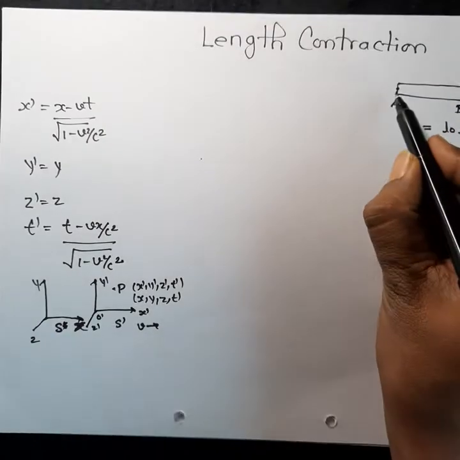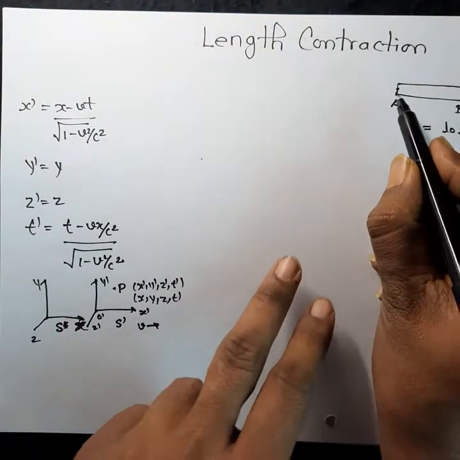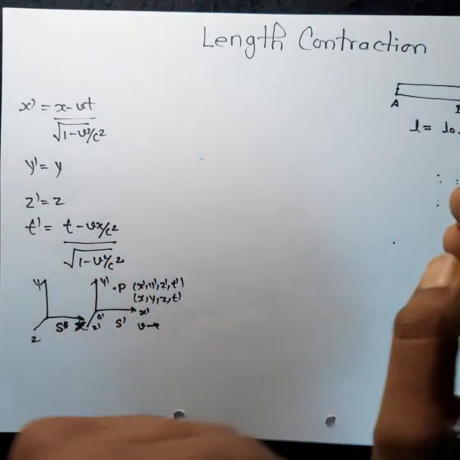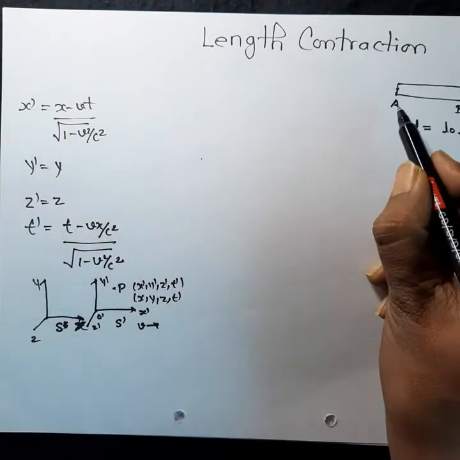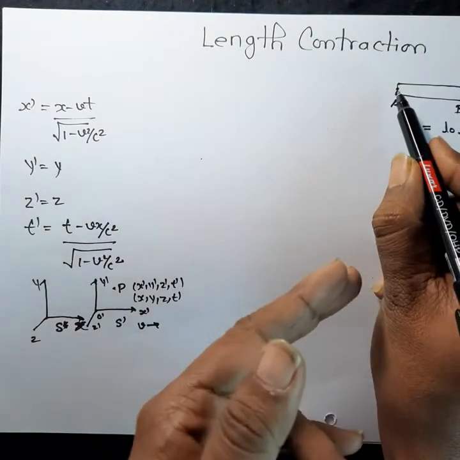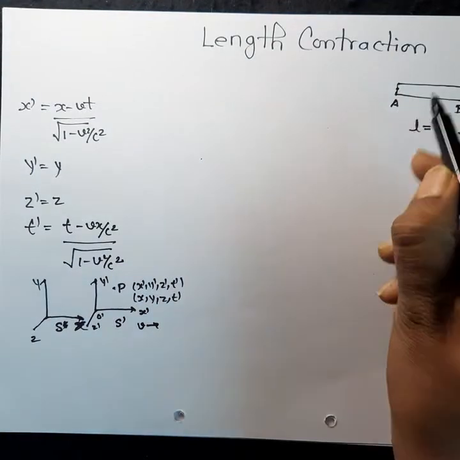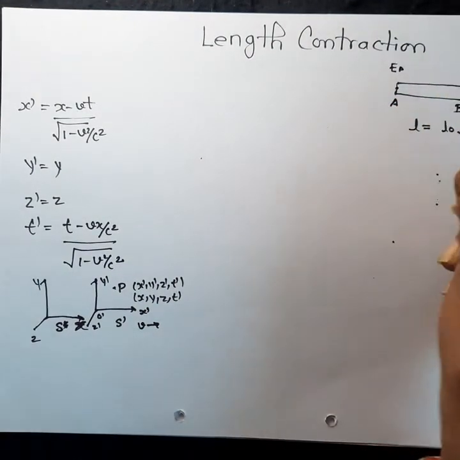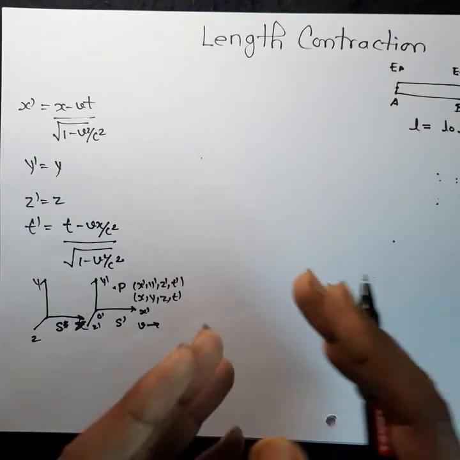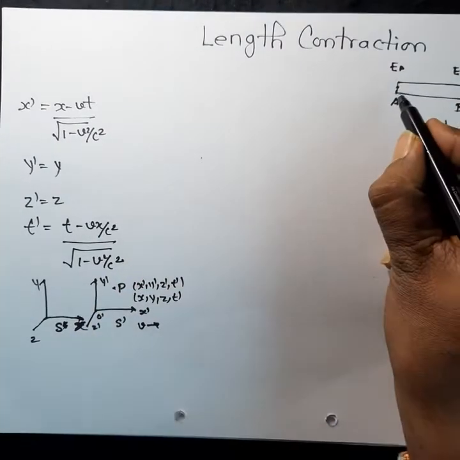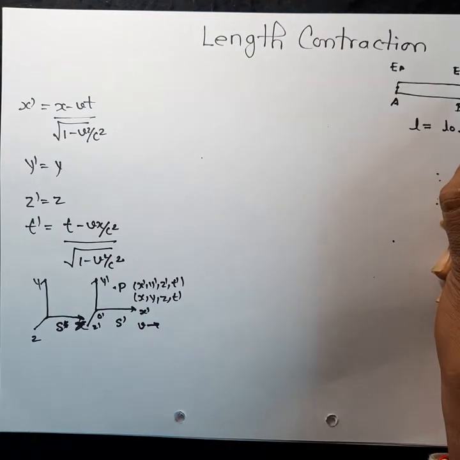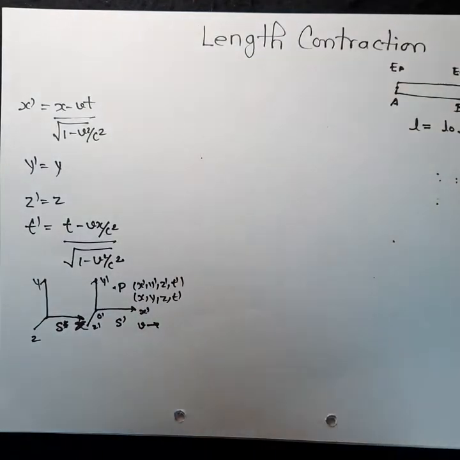But when the rod is at rest, there is no restriction on you at what time you are measuring these ends A and B. When you measure end A, you can consider it an event, and when you measure end B, you can consider it another event. So these are two types of events.